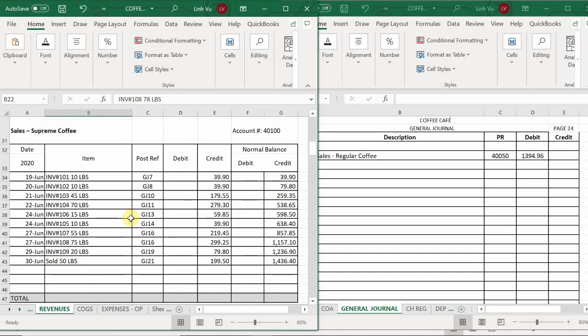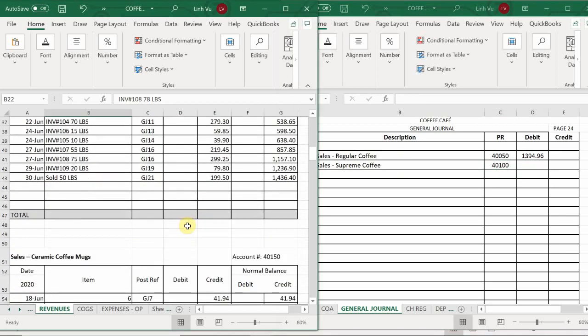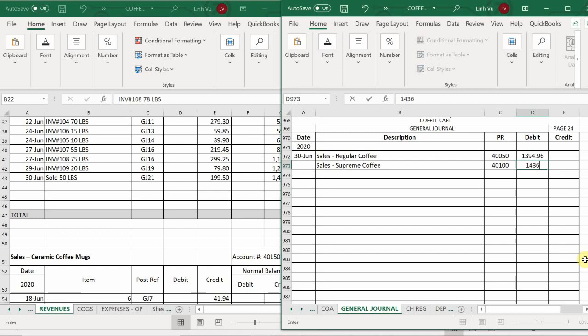The next one we have here is the sales for Supreme Coffee, account number 40100. And we're going to debit the account by how much? 1436.40.